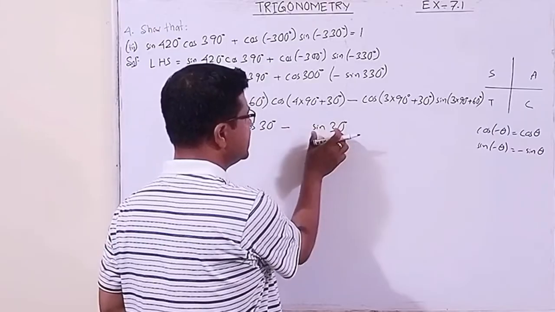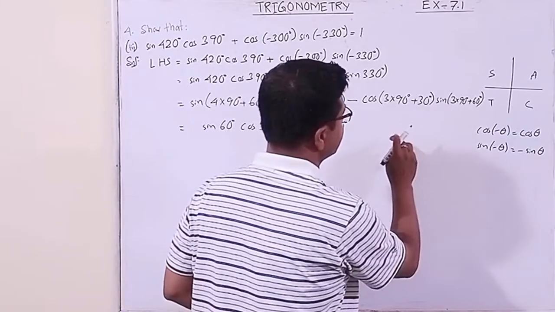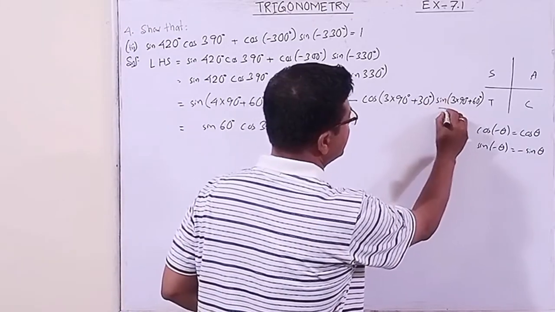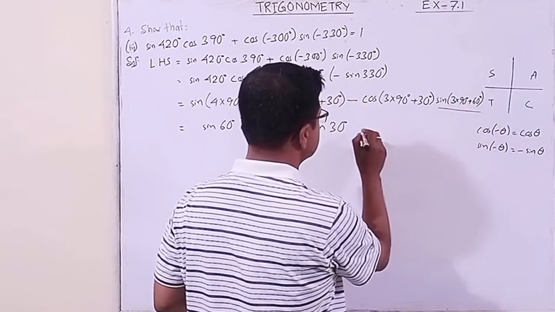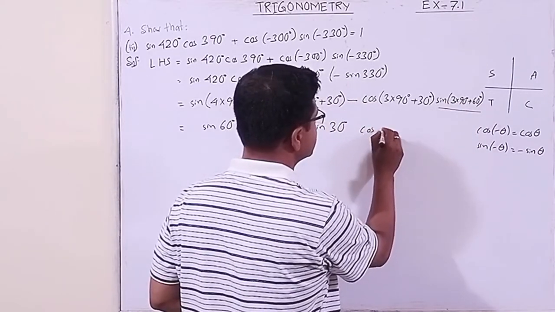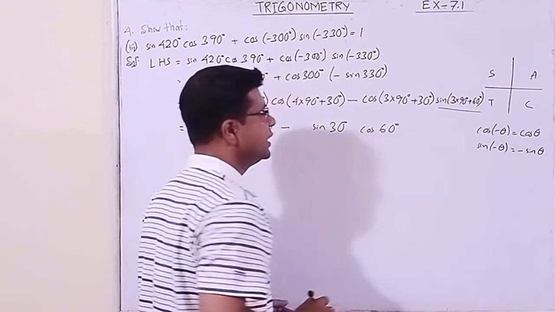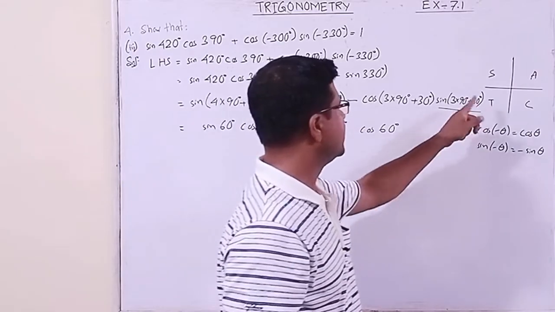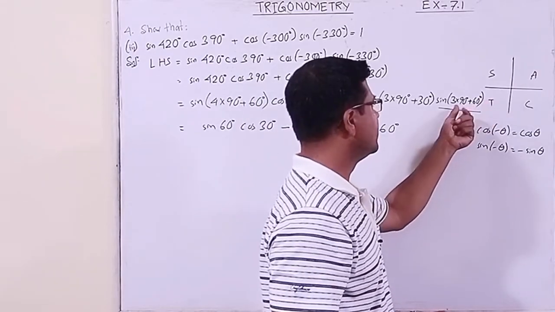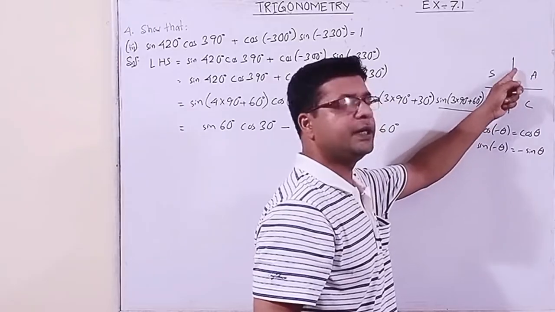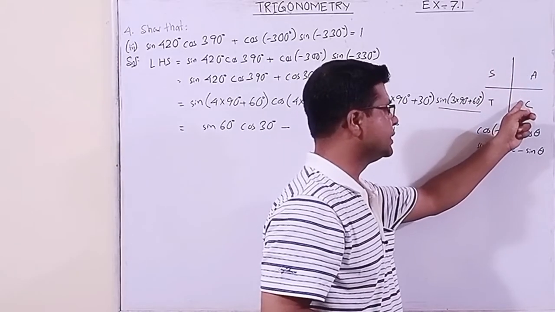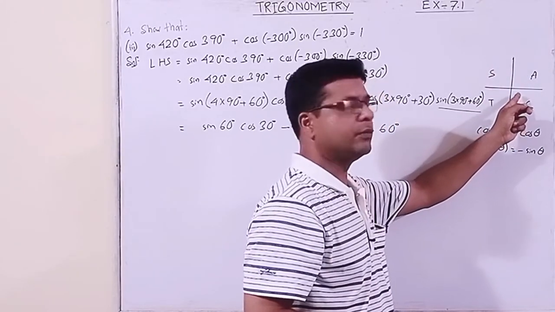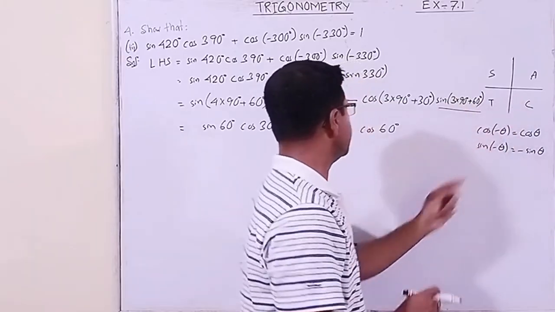This sign is negative but its sign is plus. Then it is odd multiple of 90 degree, so it will be cos of 60 degree. Correct? Now plus or minus, which quadrant is it in? Again fourth quadrant, because 3 plus 1 is 4, 190, 290, 390 plus 60, it lies in the fourth quadrant. In the fourth quadrant sine is negative.